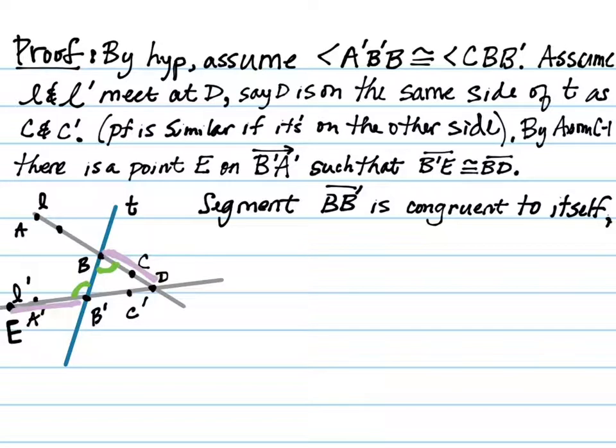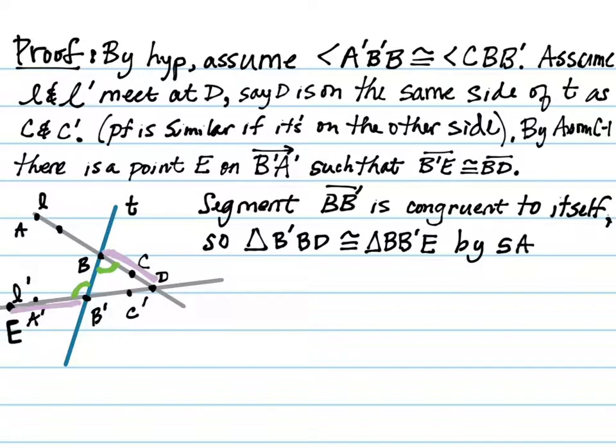So, triangle B prime B D is congruent to triangle B B prime E by side, angle, side. So let me find my two triangles. See if I listed them right here. B prime B D, yellow. B B prime E.